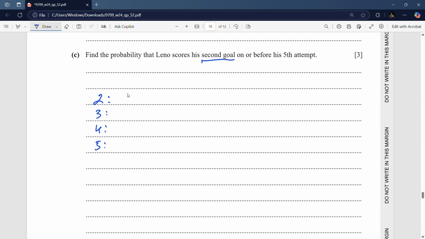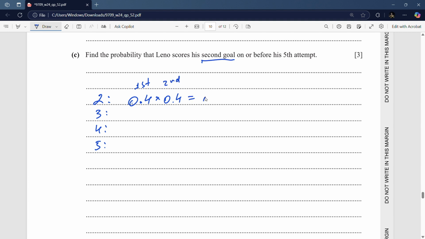So let's find it. The probability that he scored his second goal on his second attempt will be scoring on the first attempt, so it's 0.4 multiplied by 0.4 again, first attempt and second attempt.